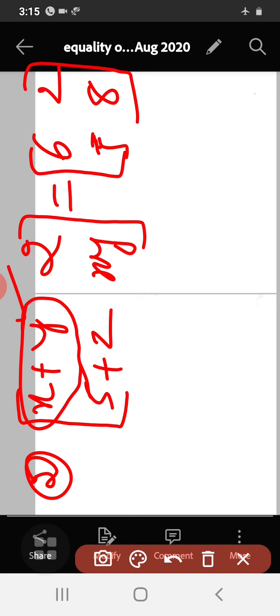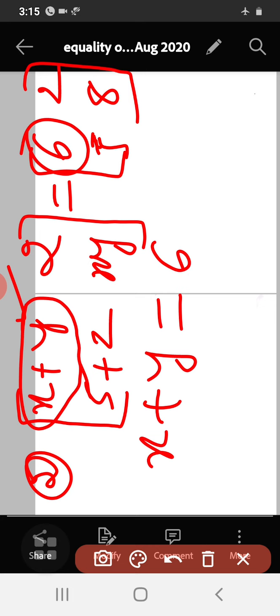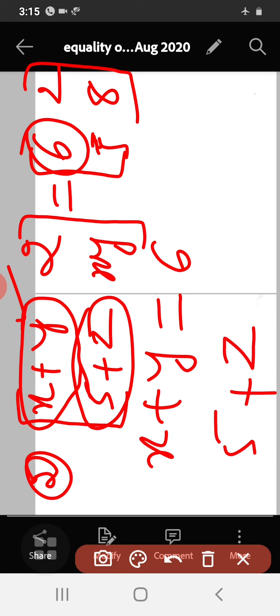So what is the corresponding element here? See, x plus y is equal to, corresponding element for x plus y is 6. x plus y is equal to 6. And so for this one you can write 5 plus z is equal to 5.